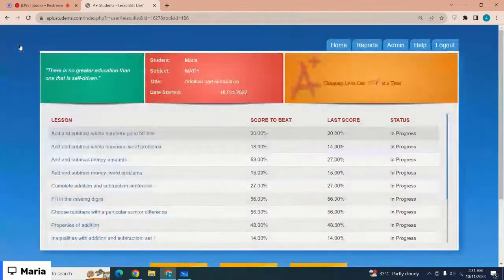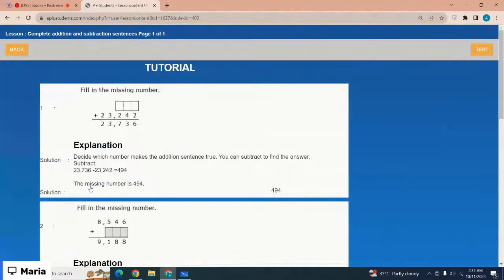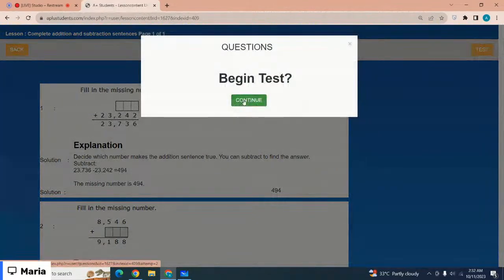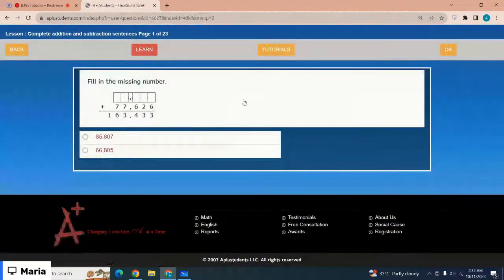Okay, the next lesson is complete addition and subtraction sentences, right? Let's just do practice questions. Okay, fill in the missing number. Which number is missing?